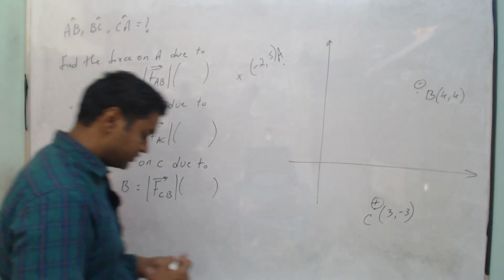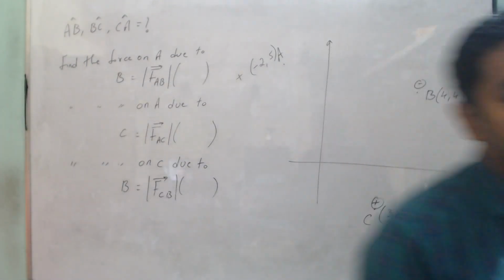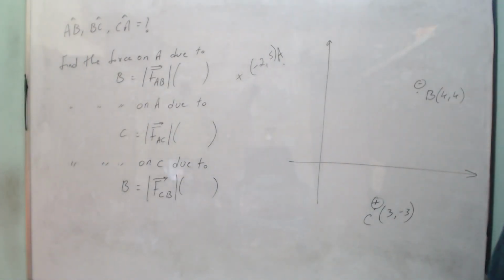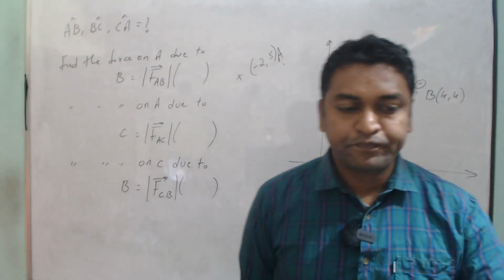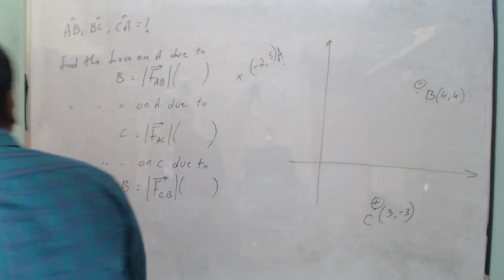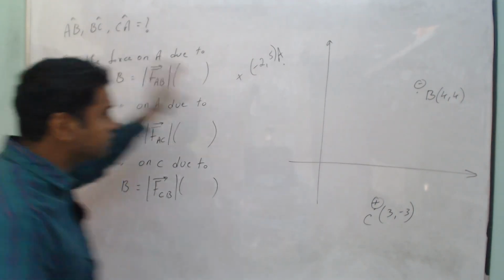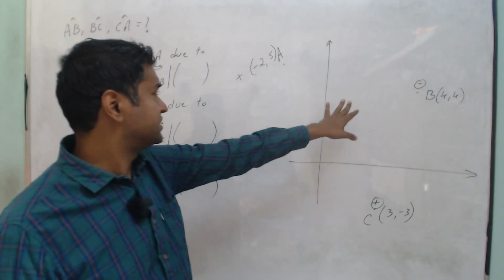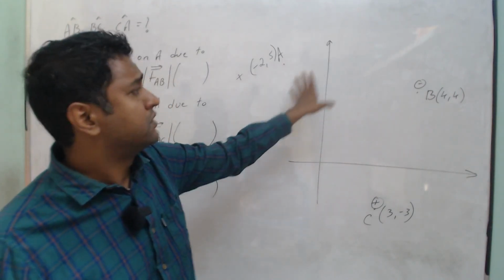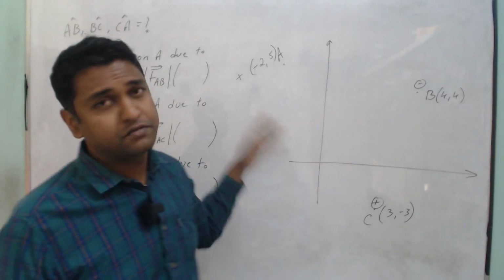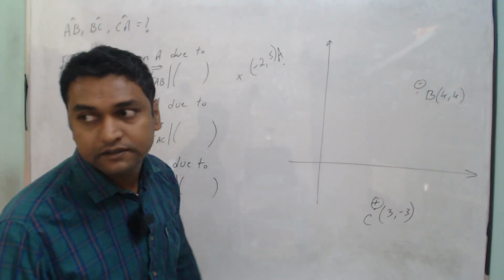So first you finish off solving the entire problem and then give the answer. Okay, I will write it. AB cap is basically 6I cap minus J cap divided by square root of 6 square plus 1 square.